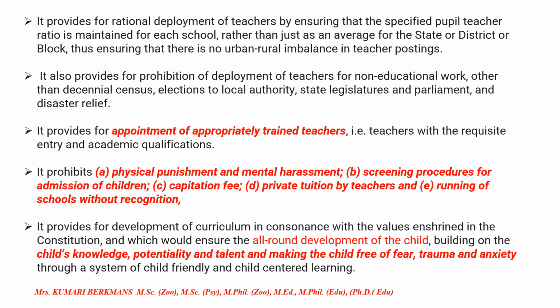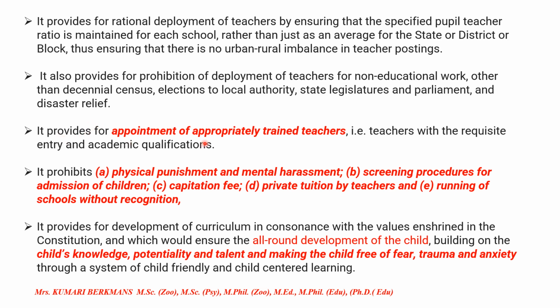It provides for rational deployment of teachers by ensuring that the specified pupil-teacher ratio is maintained for each school, rather than just as an average for the state, district or block, thus ensuring that there is no urban-rural imbalance in teacher posting. It also provides for prohibition of deployment of teachers for non-educational work, other than decennial census, elections to local authorities, state legislatures and parliament, and disaster relief.